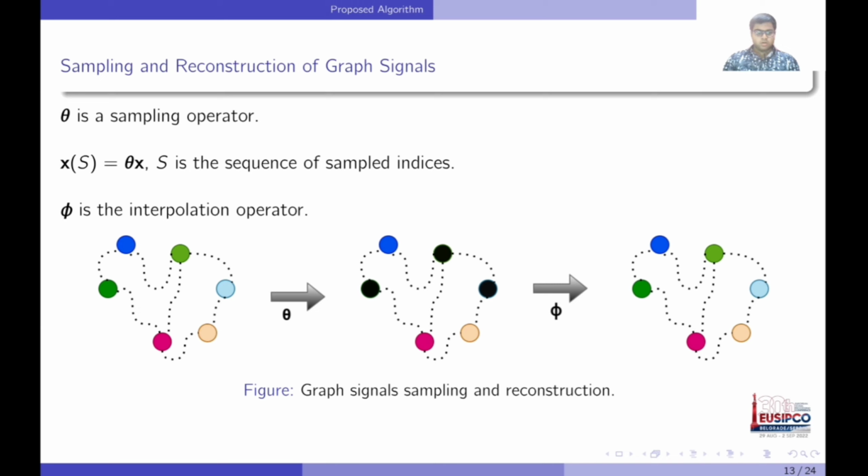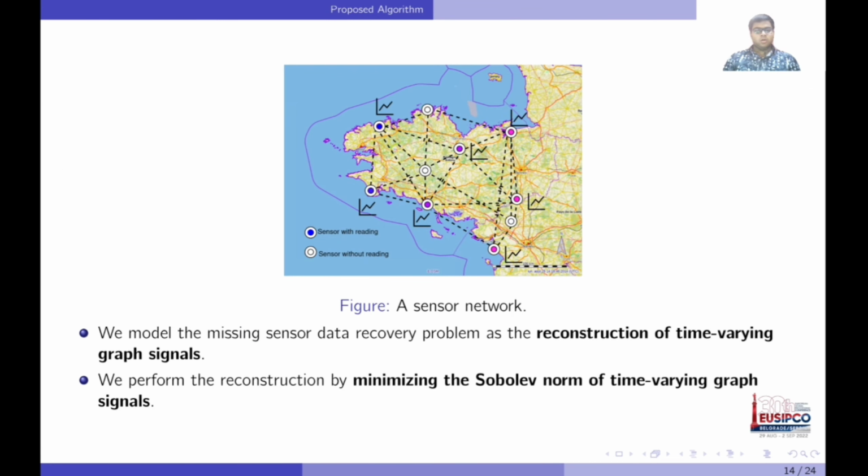It may happen that some of these sensors may be defective or damaged, for which some of the values will not be available for any specific time. So using the Sobolev algorithm, we are trying to reconstruct those unavailable values.